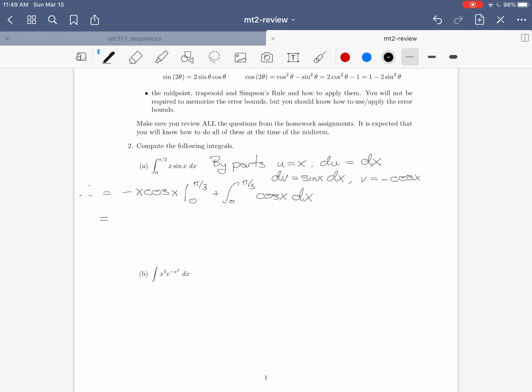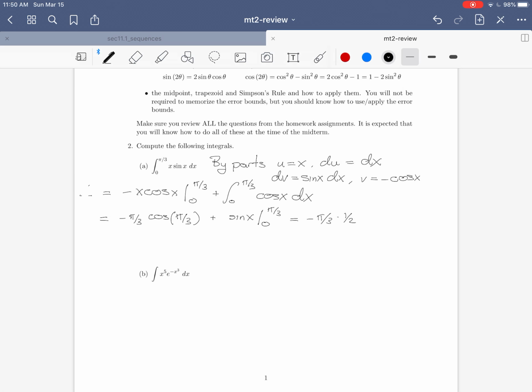So if we evaluate the first term, we get negative pi by 3 times cosine pi by 3. And if we evaluate the term at the lower limit of 0, we obviously get 0. Now we calculate this integral, so this will give us sine x evaluated at 0 and pi by 3. Now what we're going to do is evaluate cosine pi by 3.